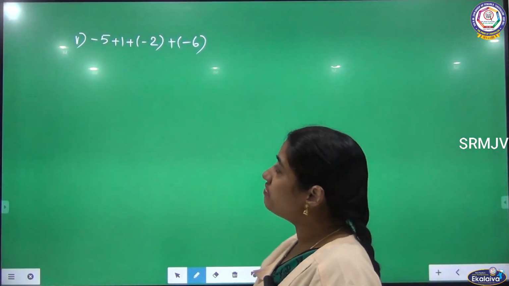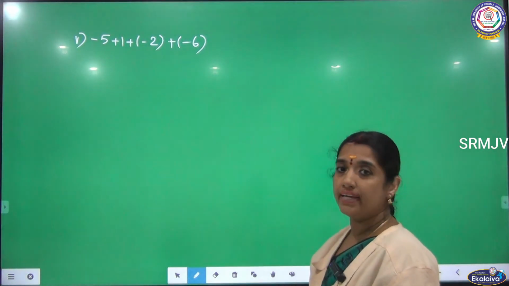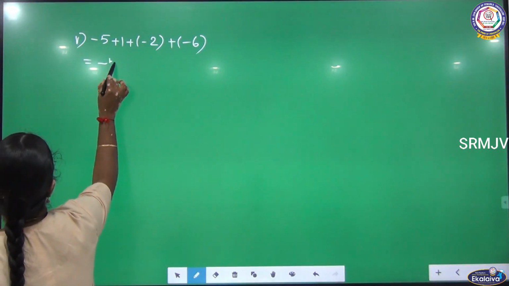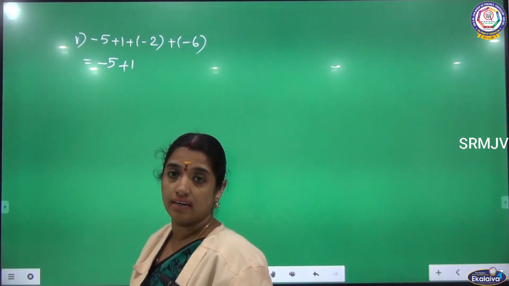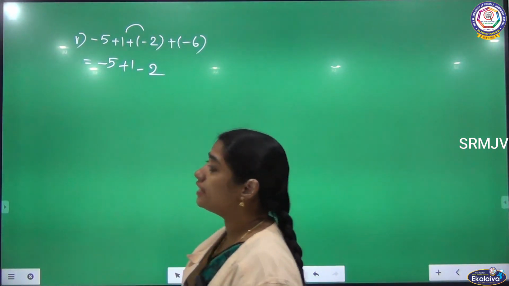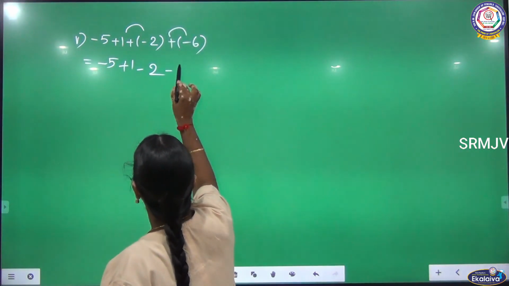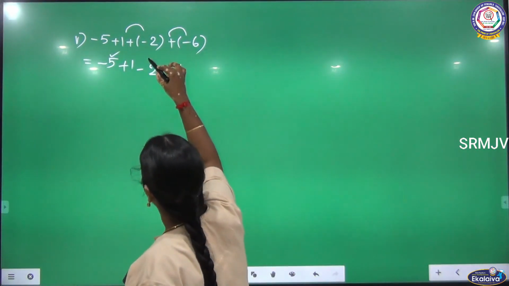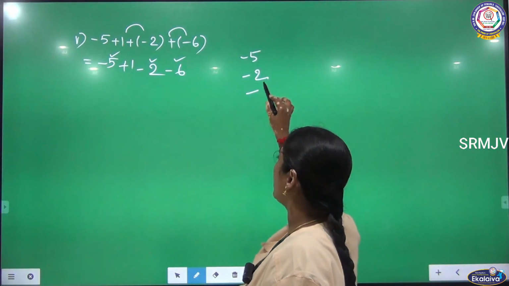Shall we move on to the last sum, children? Listen, minus 5 plus 1 plus into minus 2 plus into minus 6. Minus 5, write as it is, plus 1, plus into minus 2 is minus 2, and here also plus into minus is minus 6. Listen, children, you are having three negative integers here: minus 5, minus 2, minus 6.